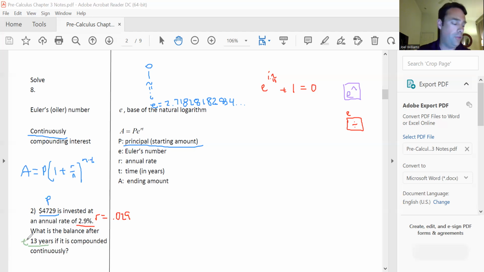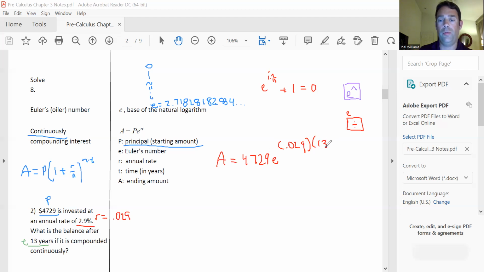All we're doing on these is taking our numbers and plugging them in. So if we plug them into this equation, A equals our P value, 4,729, times e to the r, which would be 0.029, times the t value, which is 13.